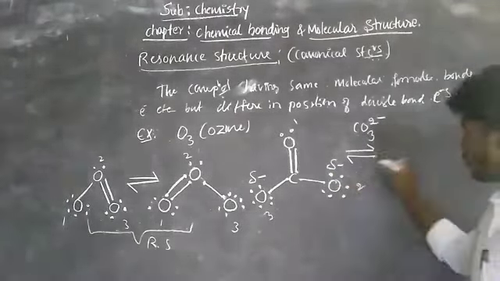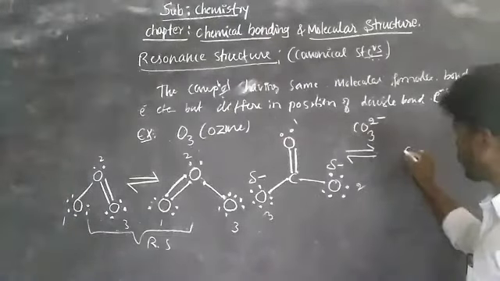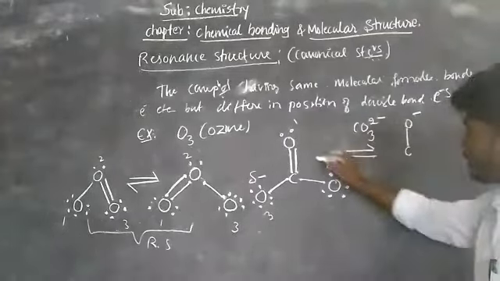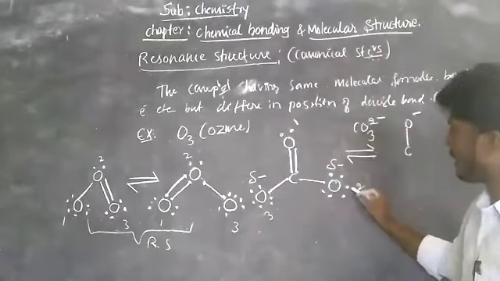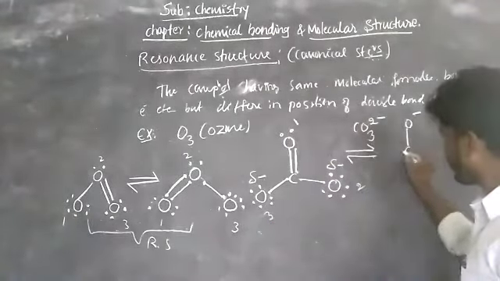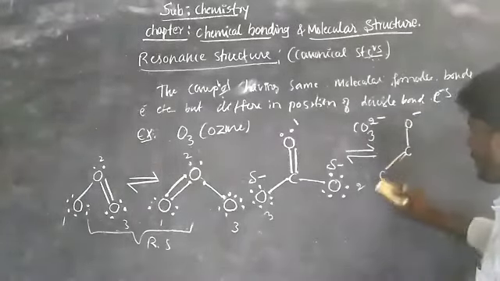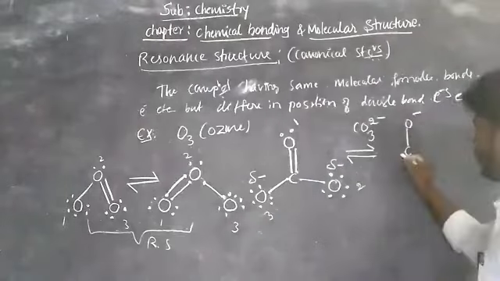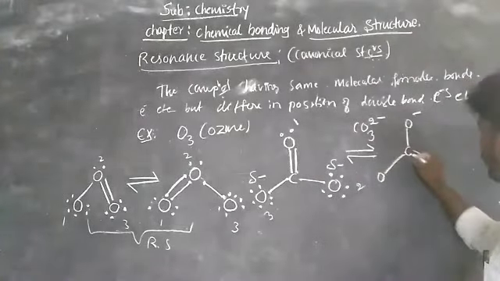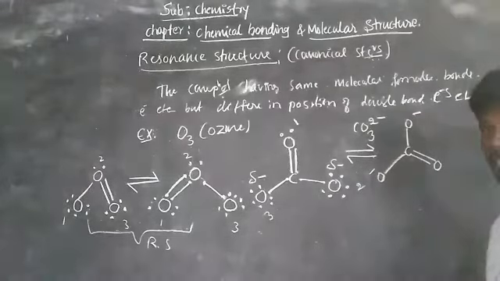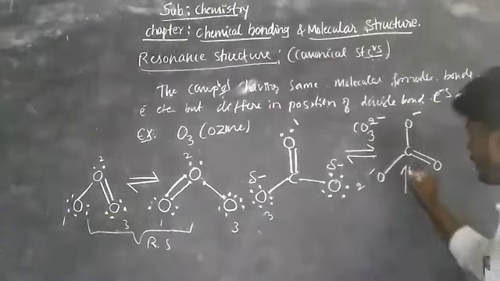Now observe, this can also be written like that. Carbon, oxygen, here minus. This one is the first oxygen, second, third. The third oxygen contains the double bond, or the second oxygen contains the double bond. Oxygen, double bond O, then oxygen minus, like that. And it can also be written like that.